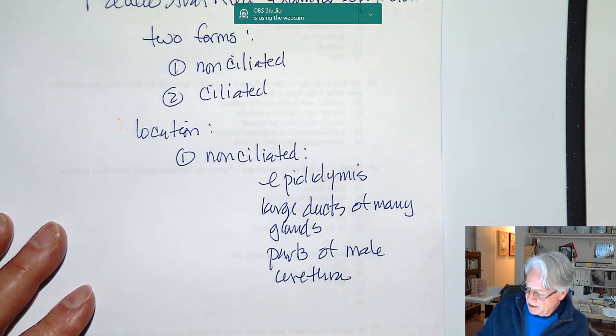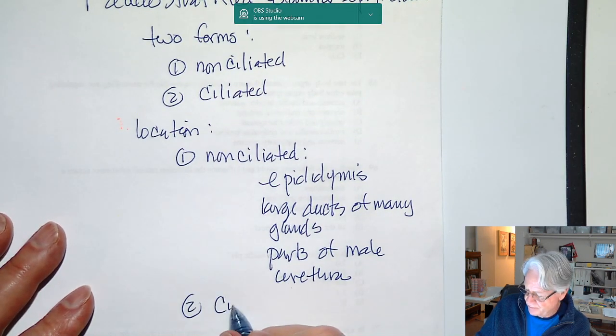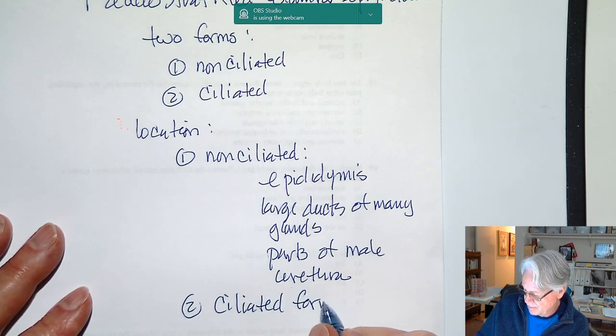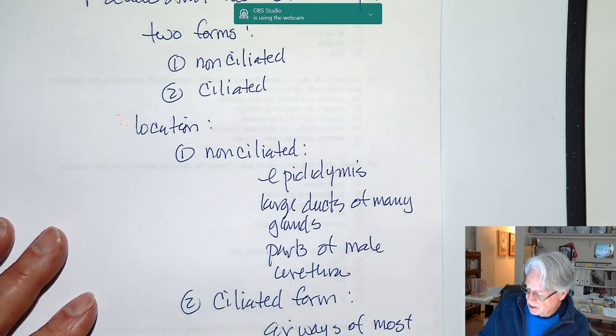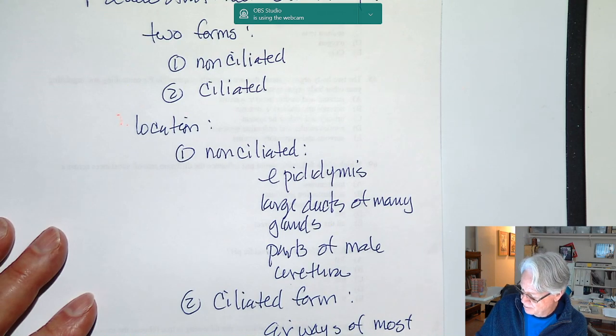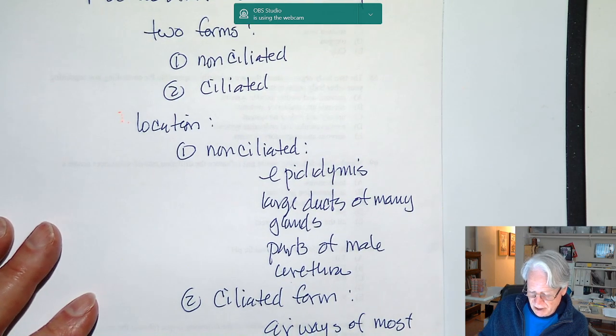Okay. The ciliated form are airways of most of the upper respiratory tract.